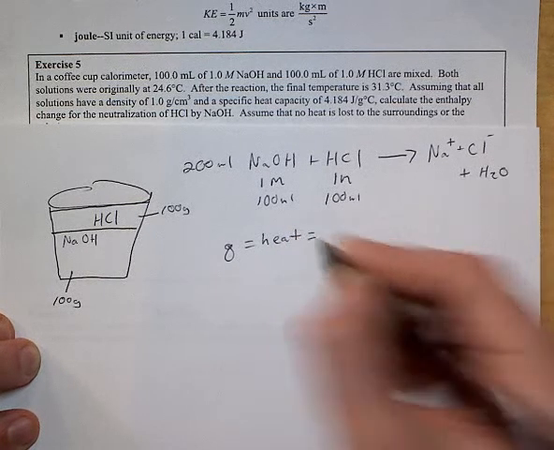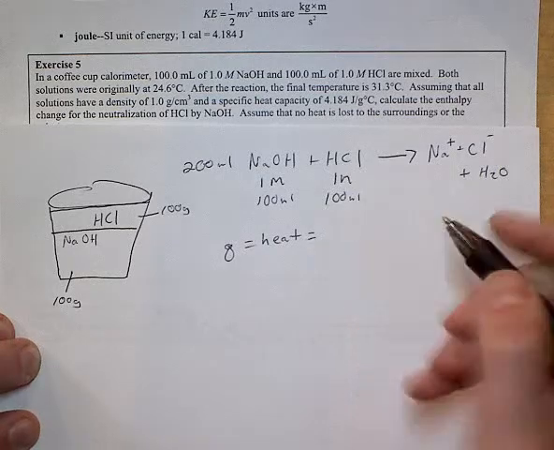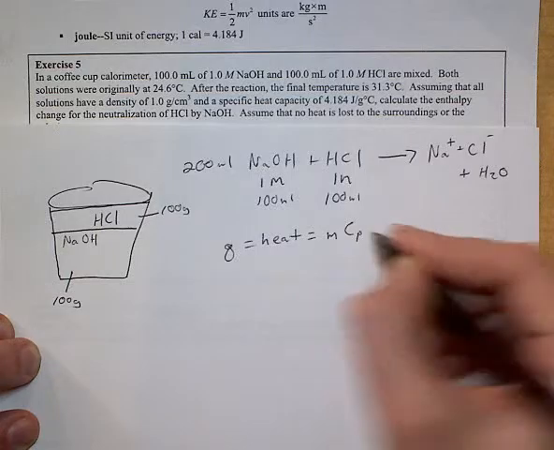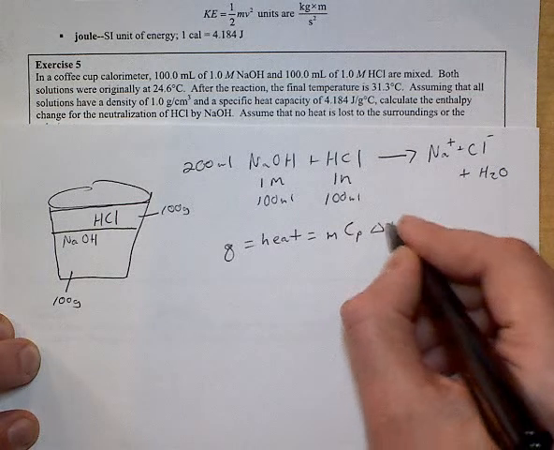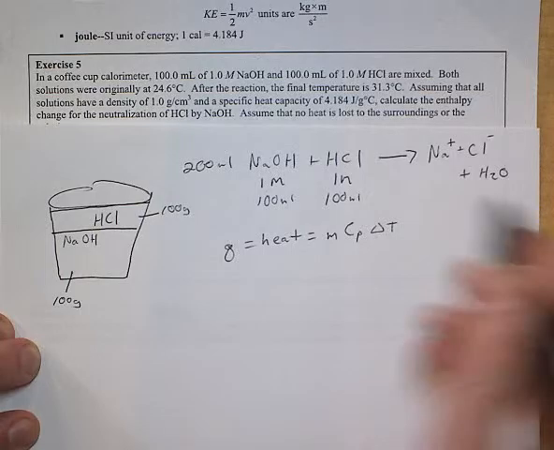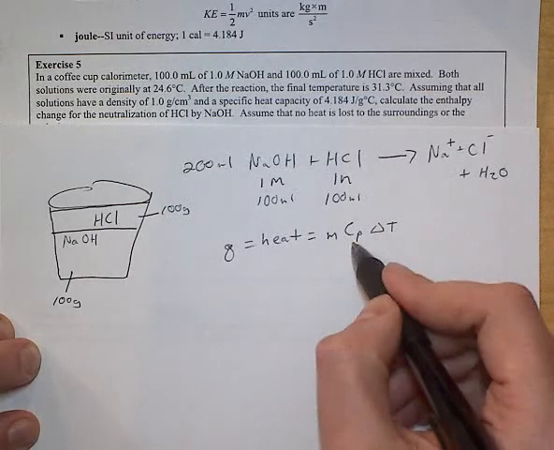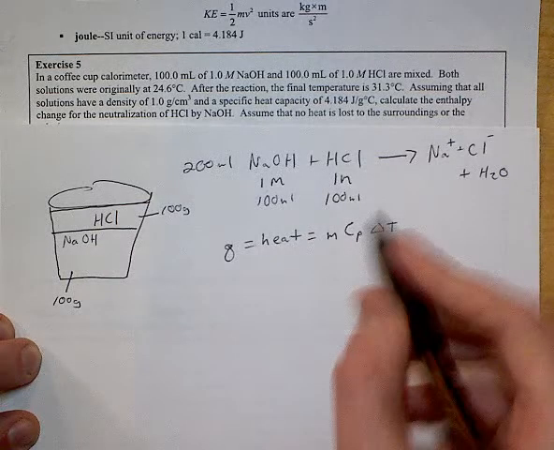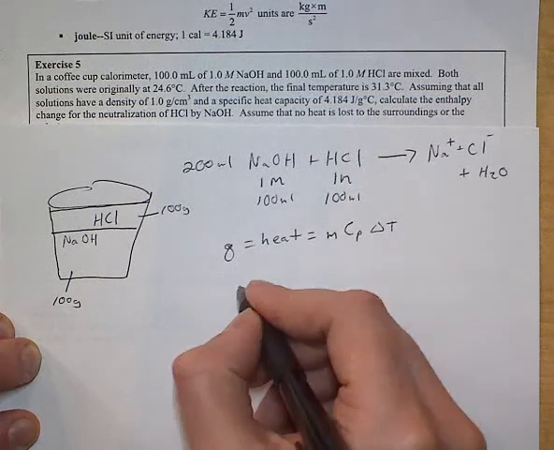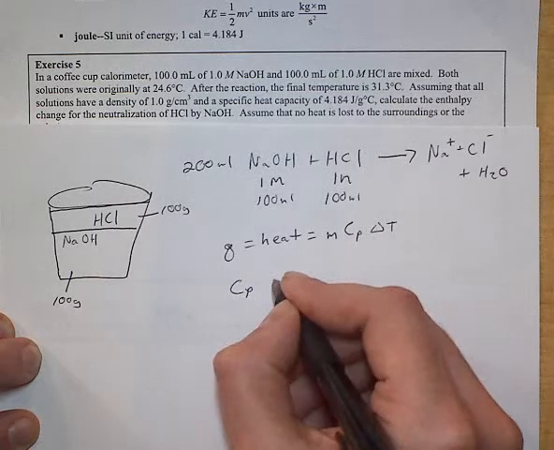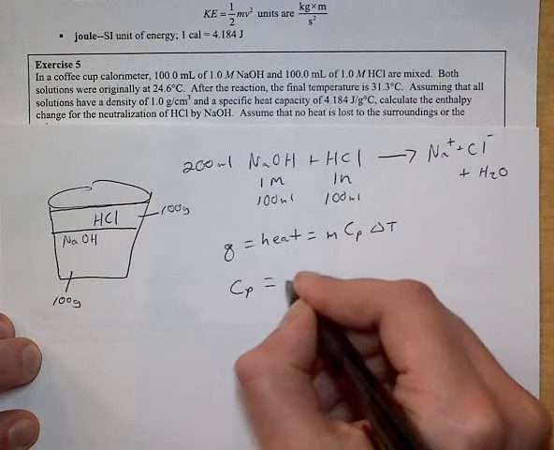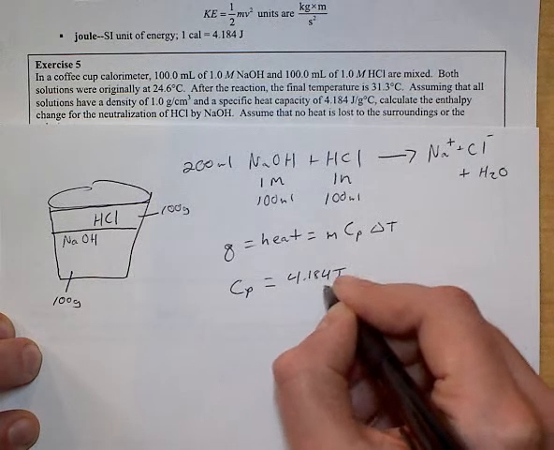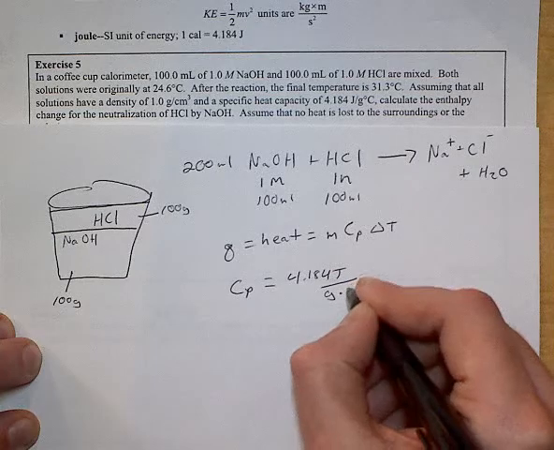And as you can see above on here, Q equals MC delta T. This C stands for the specific heat capacity. In this case, because we are doing this in water, we're going to use the specific heat capacity of water. So Cp of water equals 4.184 joules per gram per degree Celsius.